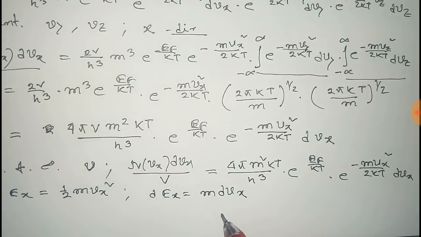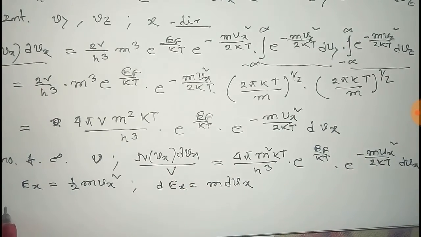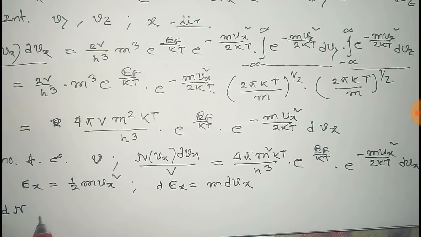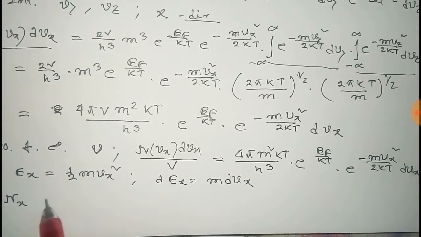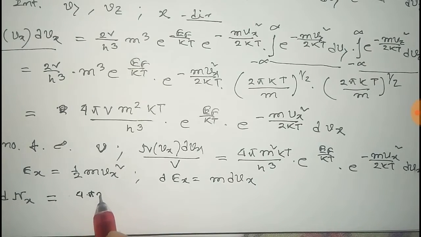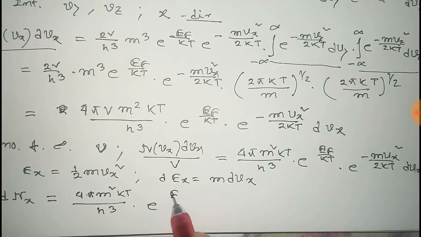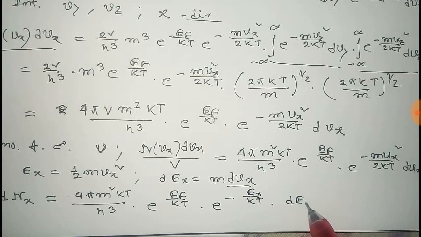We consider this term as dn along x, so dnx equals 4 pi m square kT by h cube into e to the power Ef by kT into e to the power minus Ex by kT, and dvx is given by dEx.